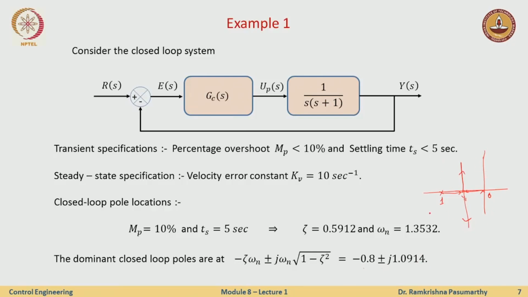This is what the system is. So, this is the root locus of G of s, and I can just say, well, can I just add a controller K, a proportional controller, and check if my requirements are met. How do I do this? I just move along the root locus and see if for any value of K these points are on the root locus. Now, does there exist a K?